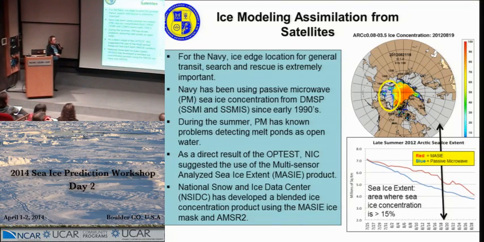Our Arctic Cap model is not used to reading in a 1 or a 0. We're used to reading in a concentration value from 1 to 0. So we worked with Florence's group at the National Snow and Ice Data Center in developing a high-resolution blended AMSR2 plus MASIE product for us.